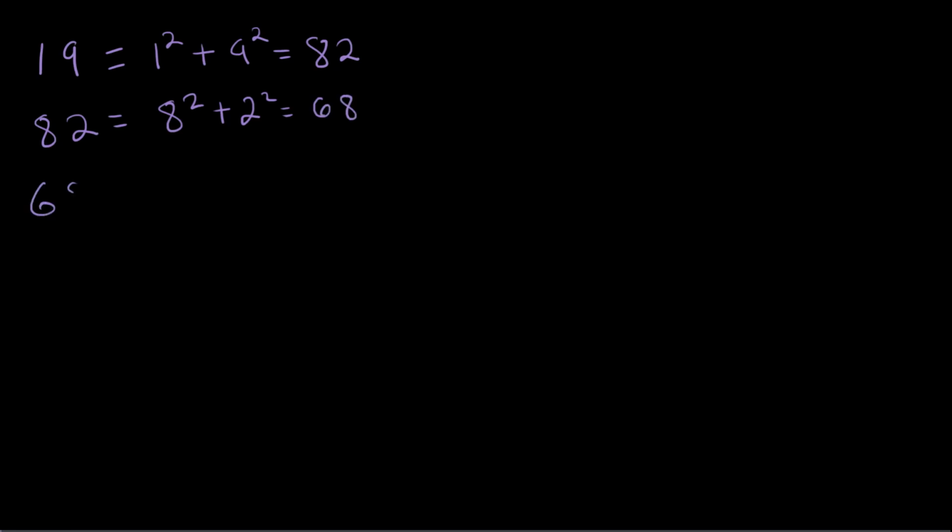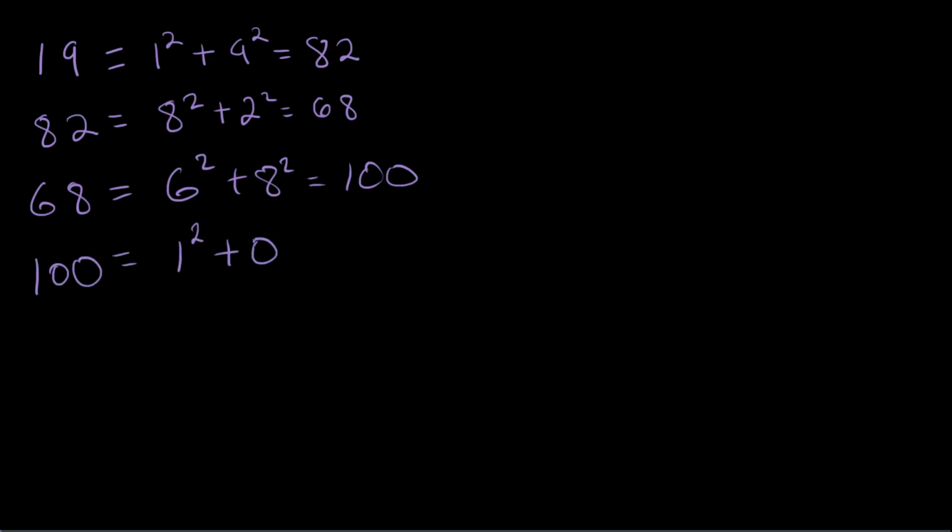Took a little bit. 68 equals 6 squared plus 8 squared, which is 100. And 100, you might be able to see this one a little ahead, goes to 1.